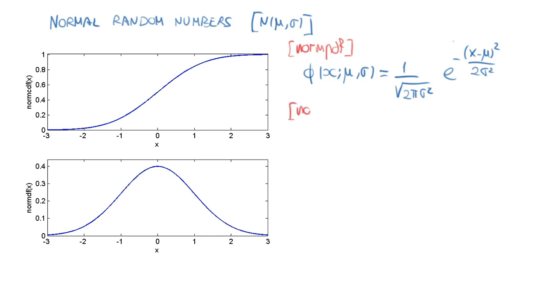Alternatively, we'll use the CDF, norm CDF, or capital phi of x, mu and sigma, which is defined in terms of the PDF as the integral of the PDF between minus infinity and x.